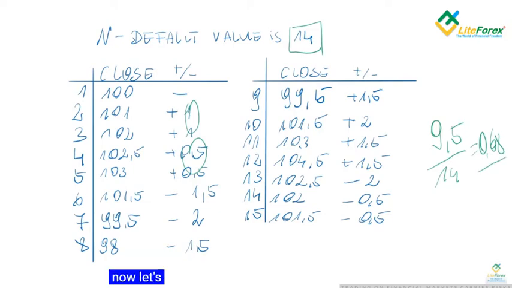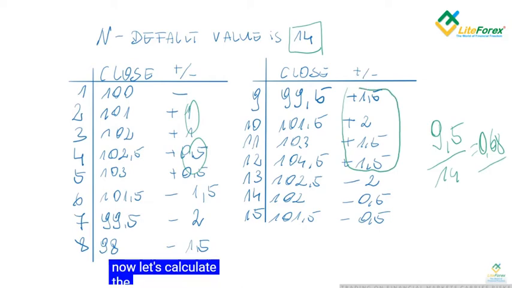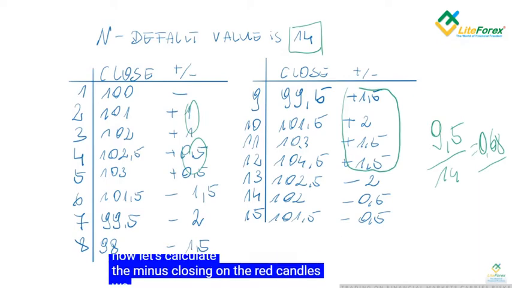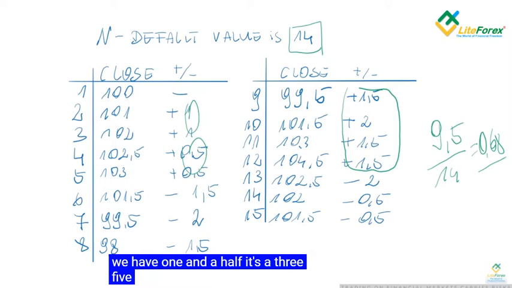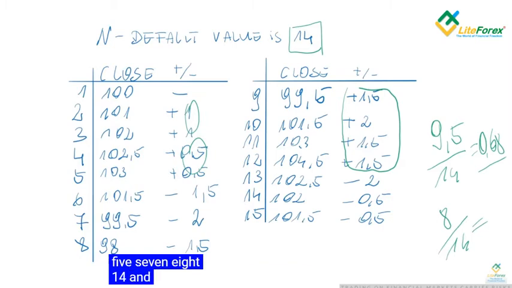Now let's calculate the minus closing on the red candles. We have 1.5, 3, 5, 7.8, divided by 14 and 0.57.